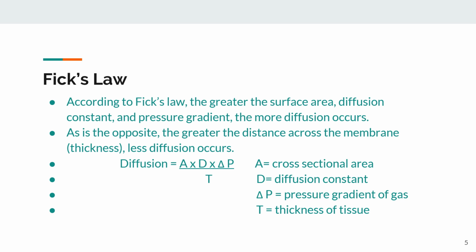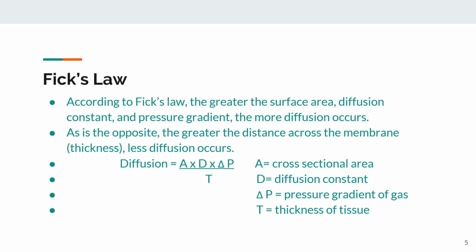Okay, so according to Fick's law, the greater the surface area, the diffusion constant and the pressure gradient, the more diffusion occurs. As opposed to that, the greater the distance across the membrane, so if the membrane is thicker, less diffusion occurs.